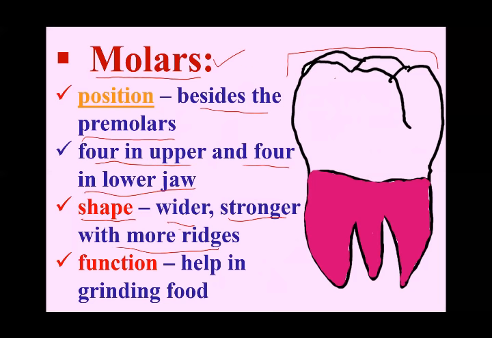Premolars are also broad, but molars are broader than the premolars with more number of ridges. This broadness helps in proper grinding of food. Thereby, grinding leads to proper swallowing of food, and digestion also is carried out properly.